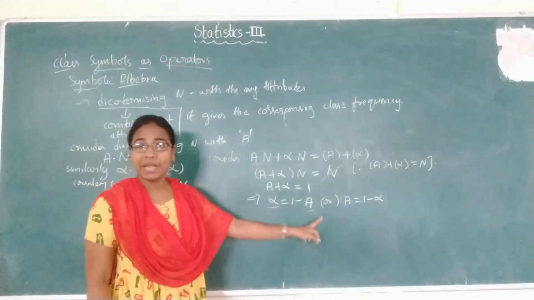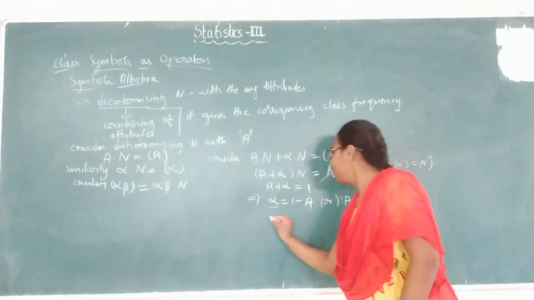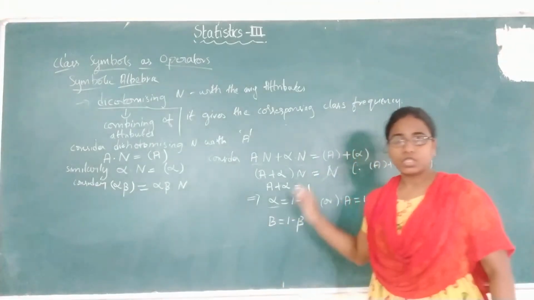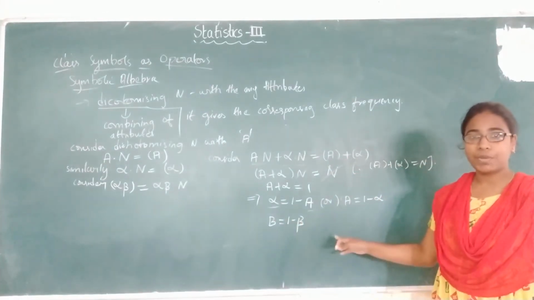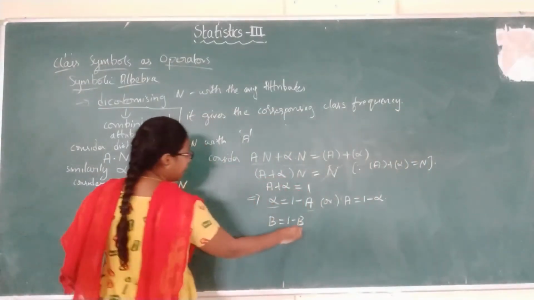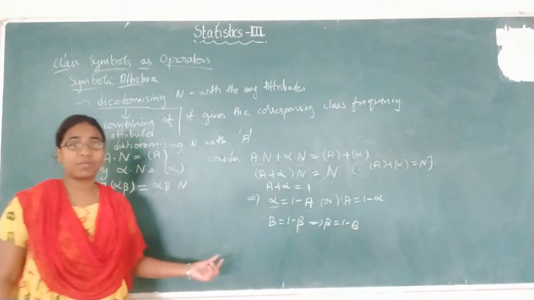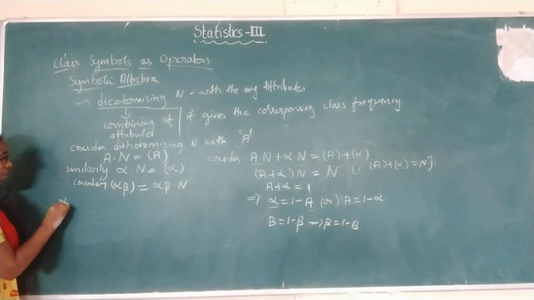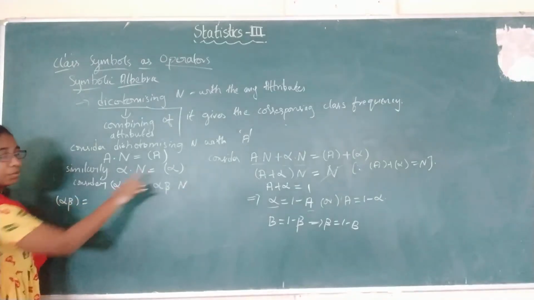Alpha is 1 minus A. Similarly, if you consider the attribute B, its complementary is beta, so you will get B equals 1 minus beta, which implies that beta equals 1 minus B, because we will express negative in terms of positive classes. Now I am writing alpha beta into capital N.